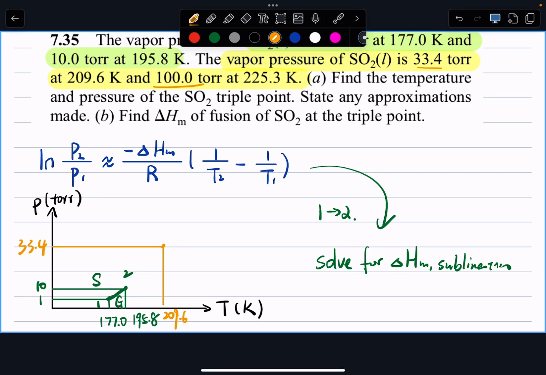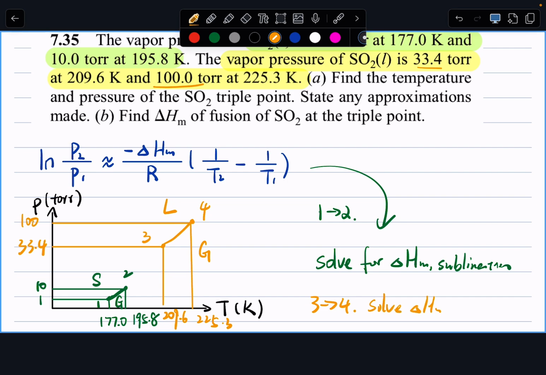And then we have 102 and 225.3. So that's my point 3 and 4. This one talks about the liquid-gas equilibrium. So from 3 to 4, we can solve for delta HM of vaporization.